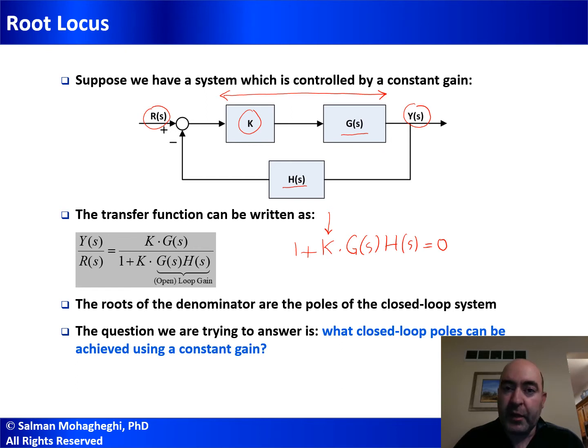This is the gain of my controller. And as you can imagine, if I change the gain of the controller, the roots of this polynomial will change, and as a result, the closed loop poles of the system will change. So one natural question that comes to mind is, what closed loop poles can we get if we change the gain of the controller? And this is the question that root locus will try to answer.